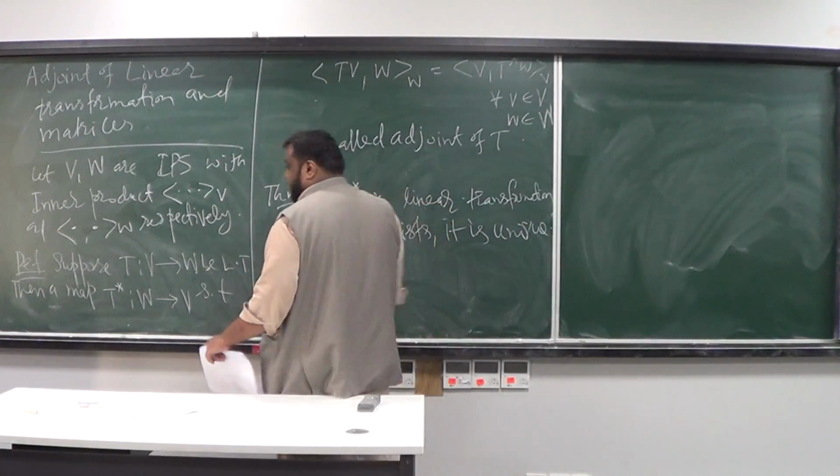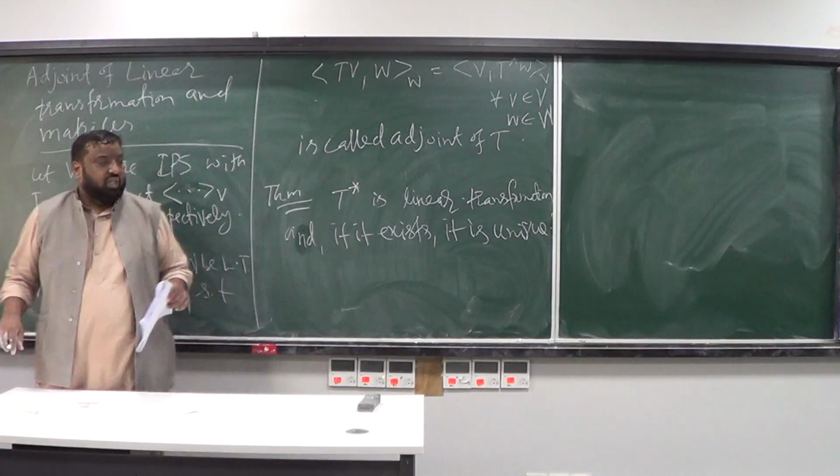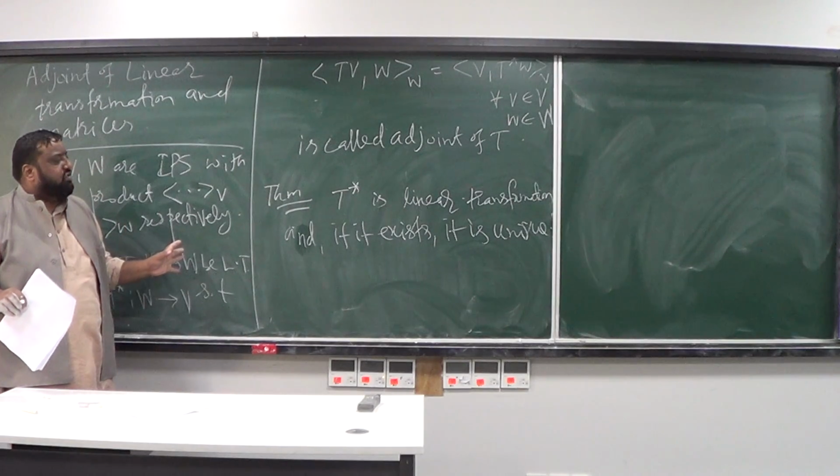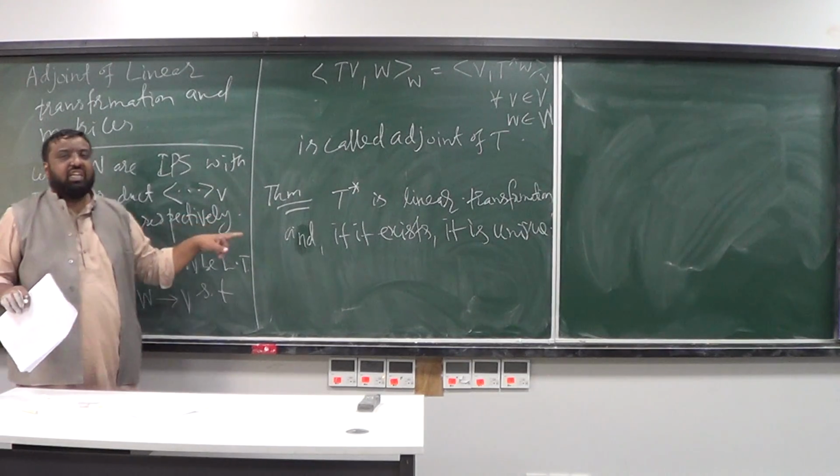It is unique. Okay? So for a given linear transformation, the adjoint is a linear transformation.